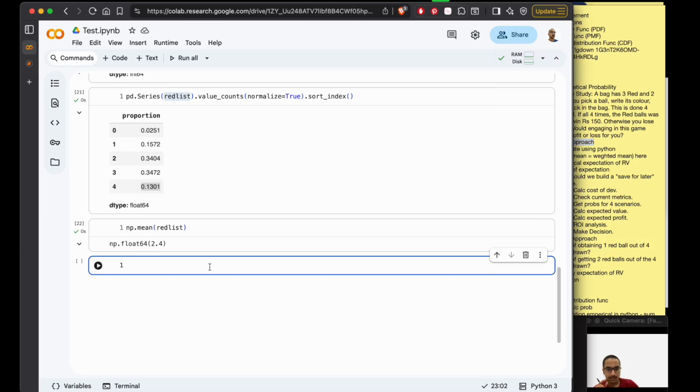Just because you got the average as 2.4, it does not mean that these are your winning chances or something like that. It's just a way to understand whether to play this game or not, or rather you're just trying to take an informed decision.